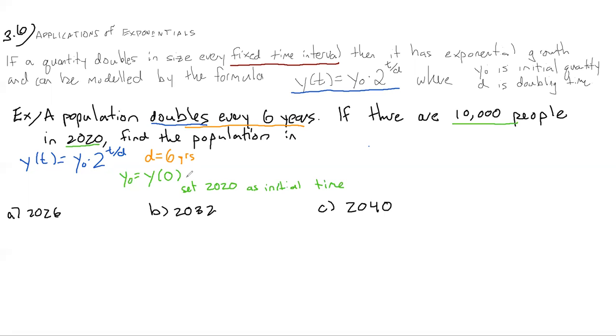And that way y of 0 is going to be that population in year 2020, which will be 10,000. And then what we're going to get from that as well is that t is not the year. T is going to be the number of years after 2020. So the number of years later.